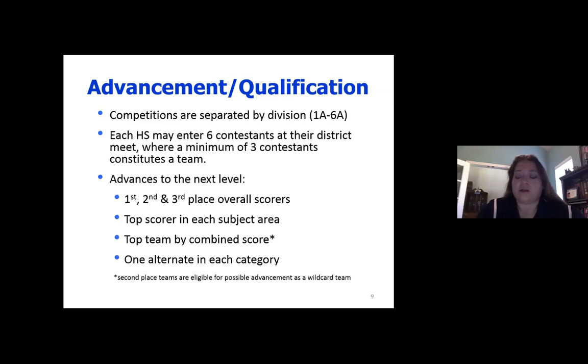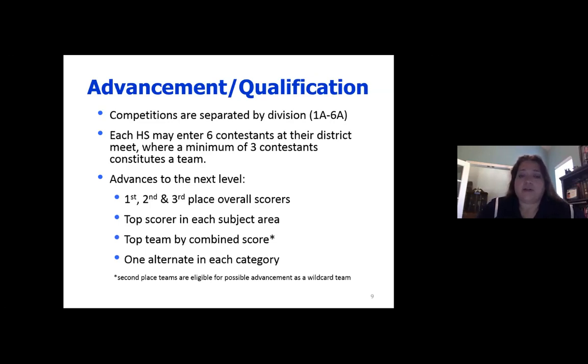So if you are in a 2A school, you are only competing and advancing based on 2A. And that's going to be true all the way up through the state competition. So again, at state, everybody is taking the same test, but your students are only competing against the same division.